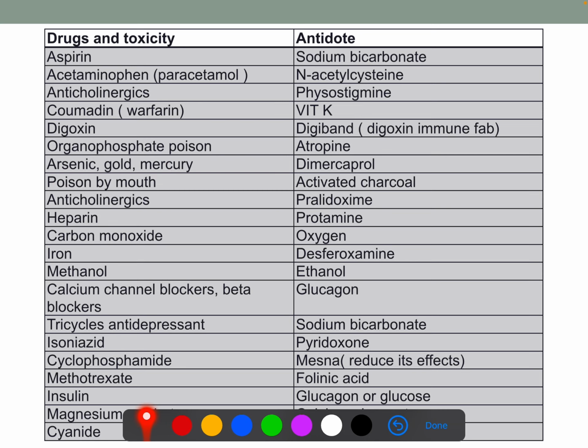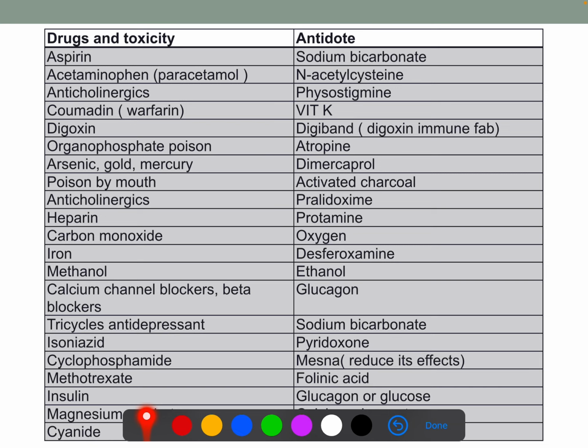Poison by mouth, activated charcoal. Any poison taken by mouth will be easily neutralized by activated charcoal. Organophosphate, pralidoxime. Heparin, protamine. Carbon monoxide, oxygen. Iron, deferoxamine. Methanol, ethanol. Calcium blockers and beta blockers, glucagon.